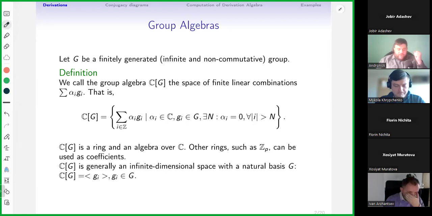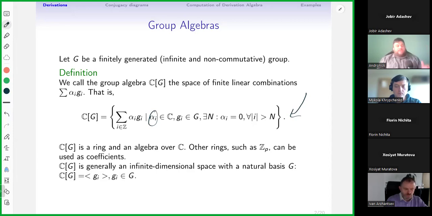Just to remind you, a group algebra is the space of finite linear combinations which look like this one. Of course, it is a ring. Of course, it is an algebra. Of course, you can take these coefficients not from complex numbers, but also from other fields or rings.